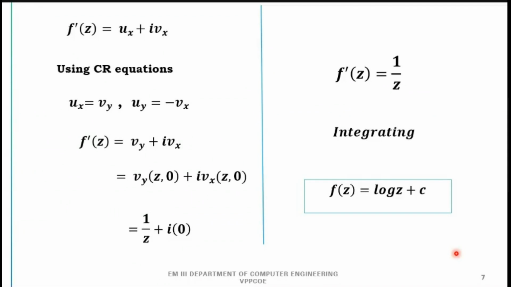That also I told you, log z का जो real part है, that is half log x square plus y square, and the imaginary part is tan inverse of y by x. Because log of x plus iy is defined in that manner. Log of x plus iy is half into log of x square plus y square plus I into tan inverse of y by x. And we were given the imaginary part as tan inverse of y by x, which means हमें वो function निकालना है जिसका imaginary part tan inverse of y by x होगा. So we have found f of z is equal to log z because log z has the imaginary part tan inverse of y by x.